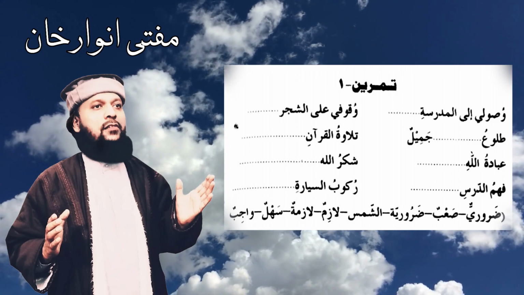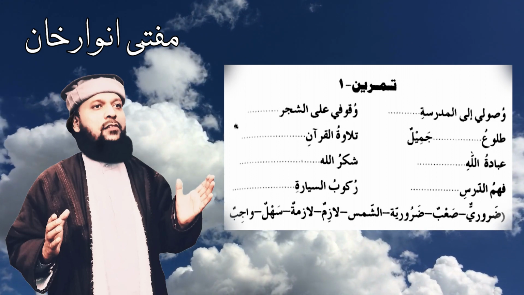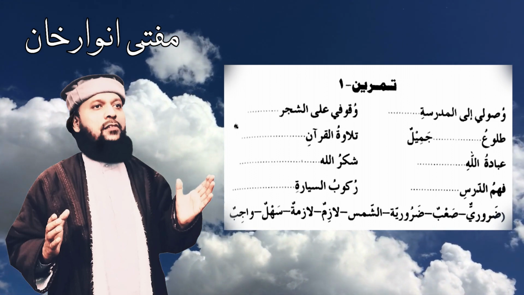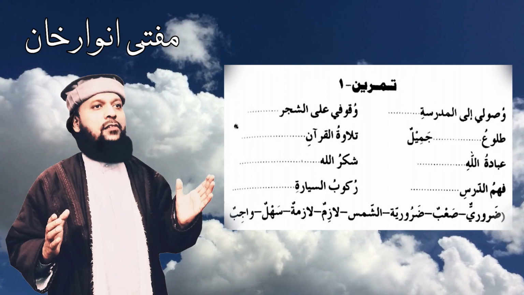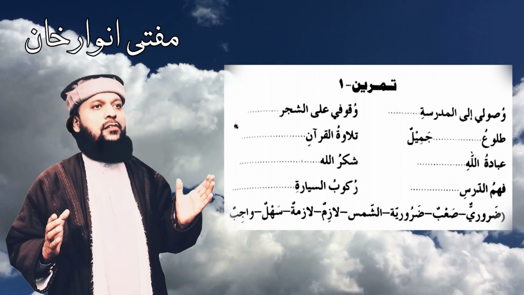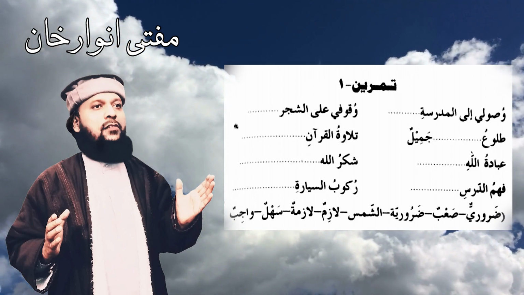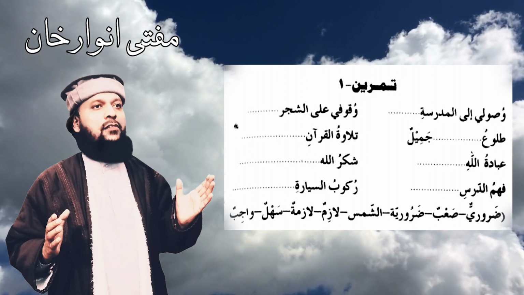What is important in this exercise is to take care of three points. First of all, this exercise is about the masdar, the verbal nouns. Secondly, mudaf and mudaf ilayh structures have been frequently used.